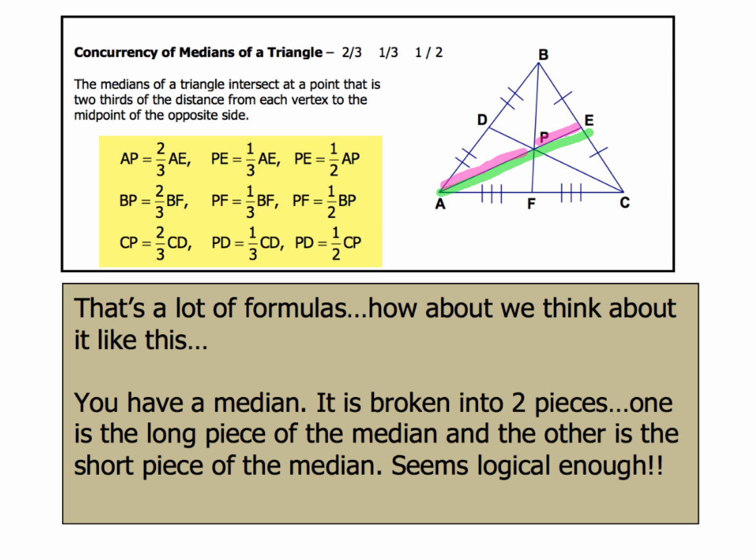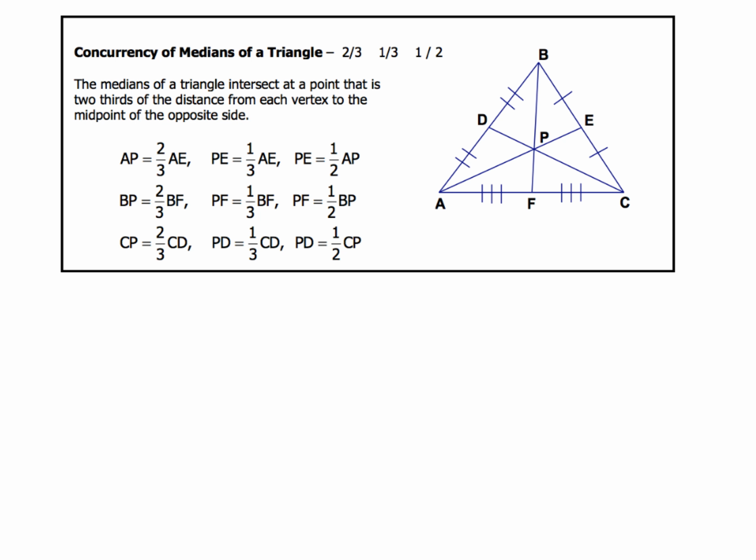Now I want you to write this piece down because this is really what's going to help you keep things straight as far as which formula to use. With that idea of the median being broken into two pieces, if you have the whole median, the formulas that we're going to use are one of these two right here.